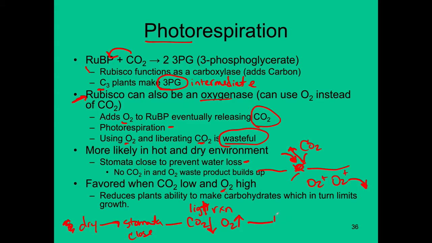So we now have rubisco that starts using O2, no G3P because I don't have any carbon, no sugars. If I don't have G3P, I can't make sugars. Without sugars, my cell dies. Because without sugars, I don't have primary metabolism. So I don't have enough ATP to make the other cellular processes work.